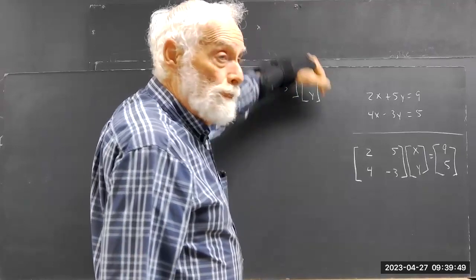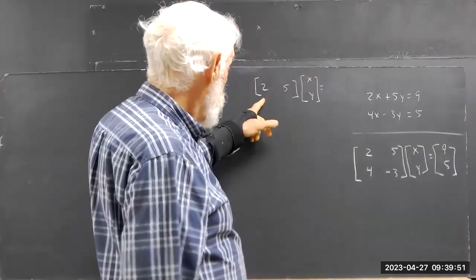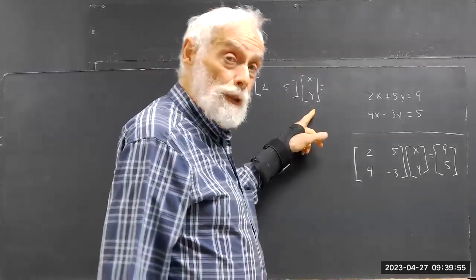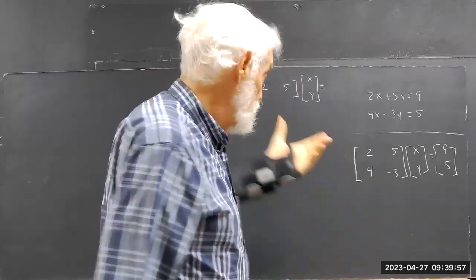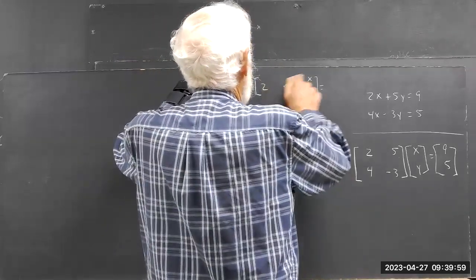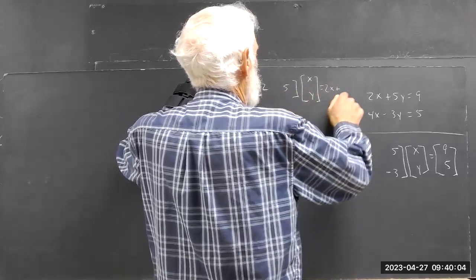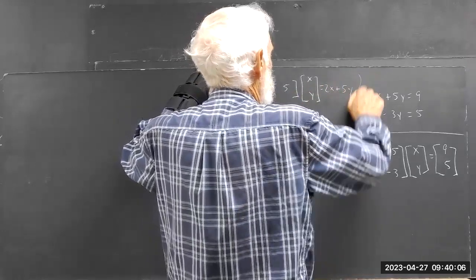Multiply a row by a column. You multiply the first number in the row by the first number in the column, second number in the row by the second number in the column. Okay, so you multiply 2 by x and you get 2x. Then you multiply 5 by y and you get 5y.